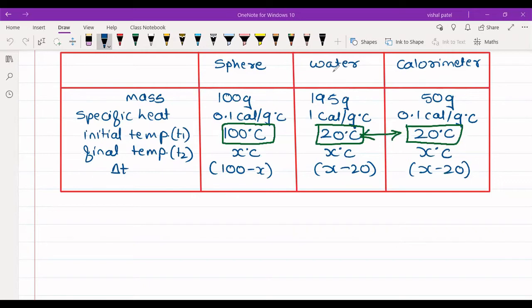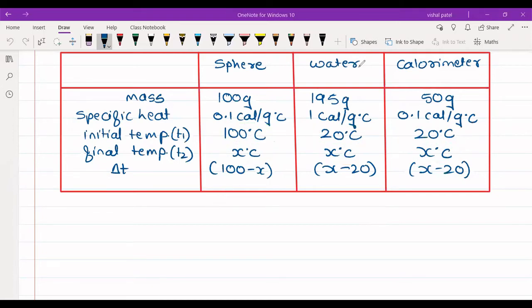Okay, and just now what we discussed, after putting the sphere, the final temperature of all the three is going to be the same. So we don't know that temperature, so I have taken that temperature as X.